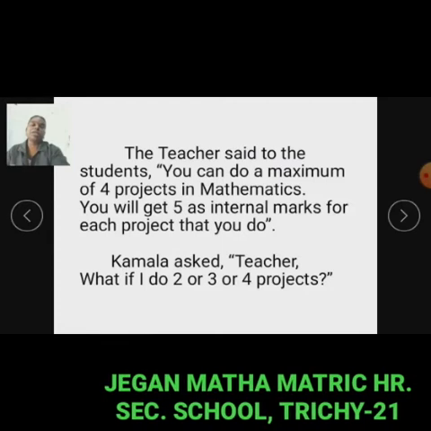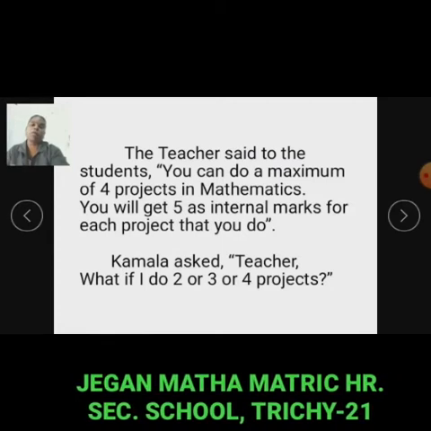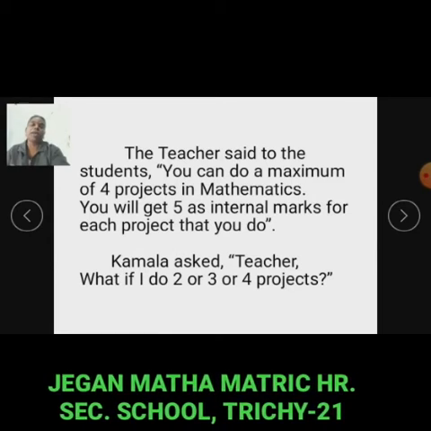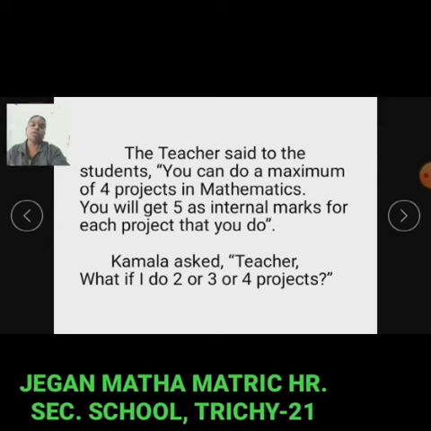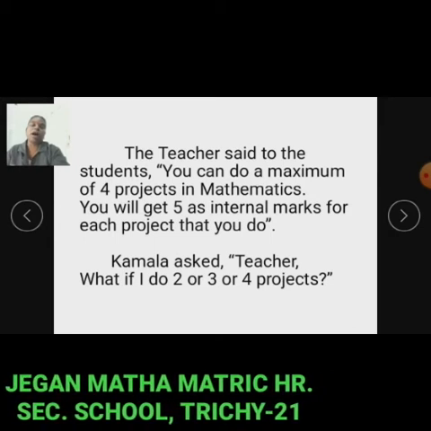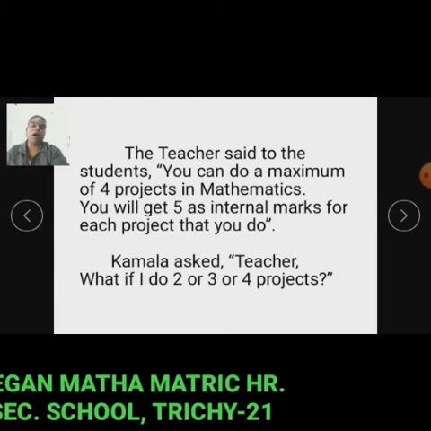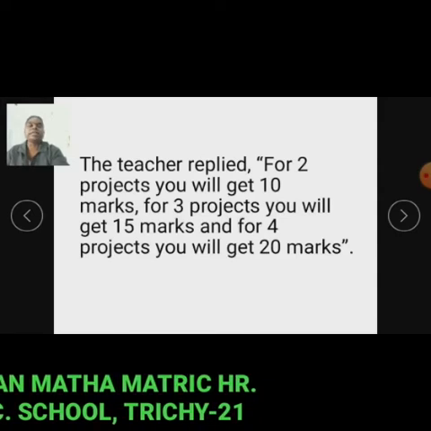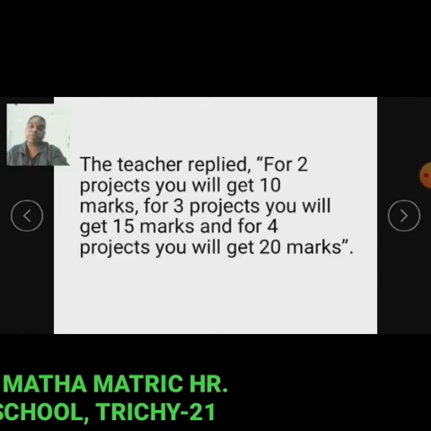The teacher said to the students, you can do a maximum of 4 projects in mathematics. You will get 5 as internal marks for each project that you do. Kamala asked teacher, what if I do 2 or 3 or 4 projects? The teacher replied, for 2 projects you will get 10 marks.